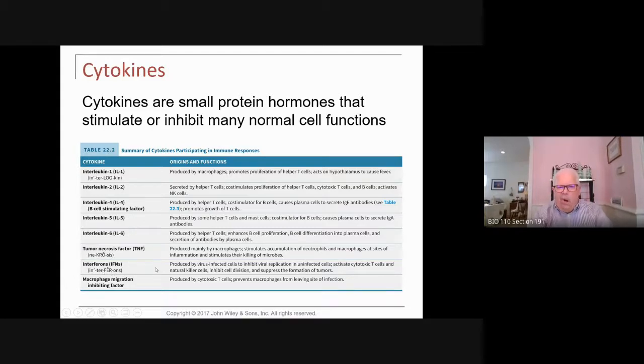Interferons are produced by virus-infected cells to inhibit the replication of the virus in infected cells. They try and prevent that virus from going from cell to cell. So please understand interleukins and interferon, and you will have a lecture on cytokine storm next week.